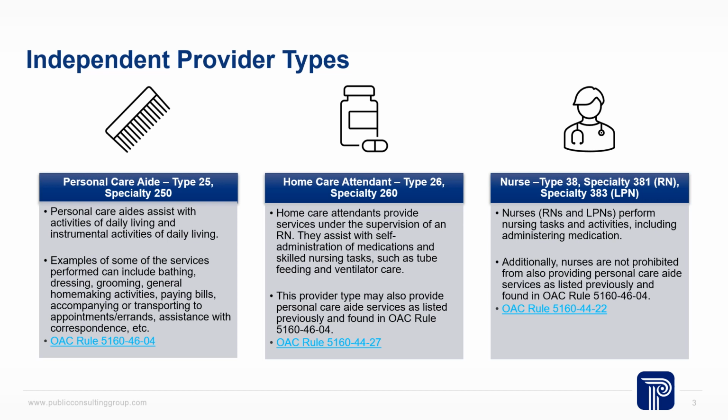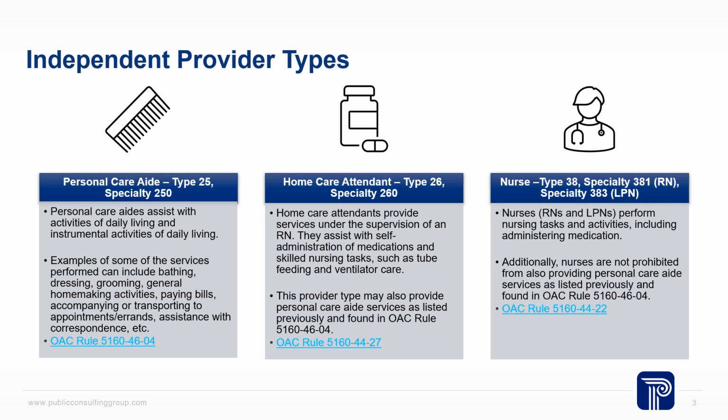Please note that this list does not include all personal care services, and more information can be found in Ohio Administrative Code 5160-46-4 at codes.ohio.gov. Personal care aides use provider type 25 and specialty 250 to complete an application.